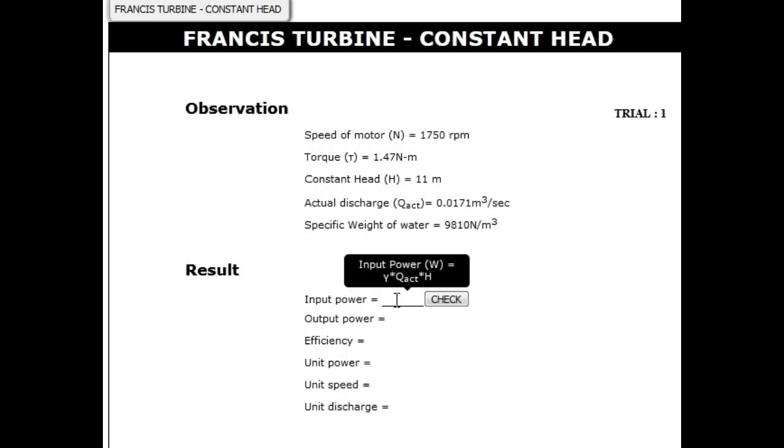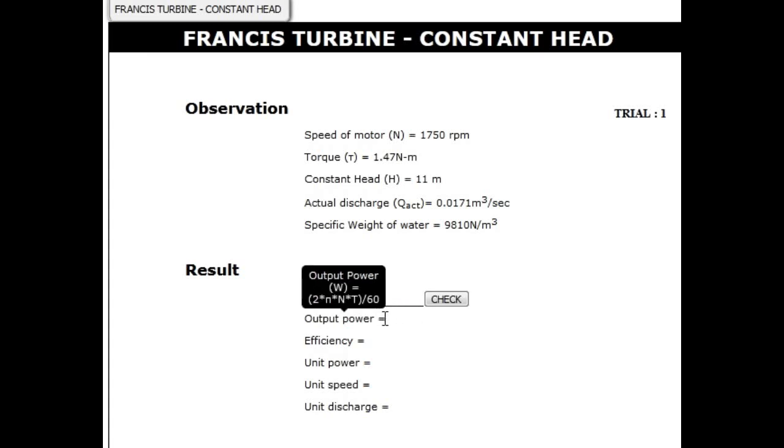So what is the equation for input power? Input power is obtained by gamma into Q actual into head. It is nothing but fluid power, that is pressure into discharge. Then we will substitute these values.